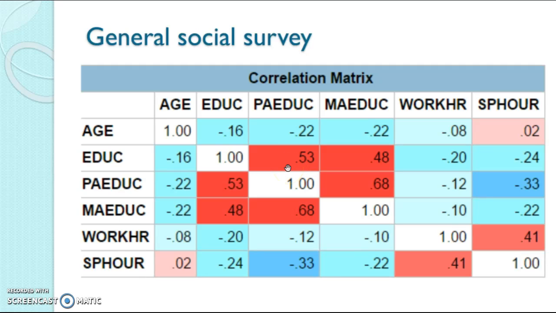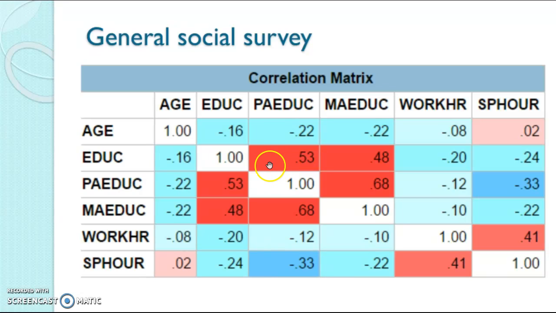It's bigger than 0.5. The way we read this is we see what is the row, education. What's the column? It's something called PA education. So this is a survey asking people, what is your level of education and what is your father's, PA, paternal education? What is your father's level of education?